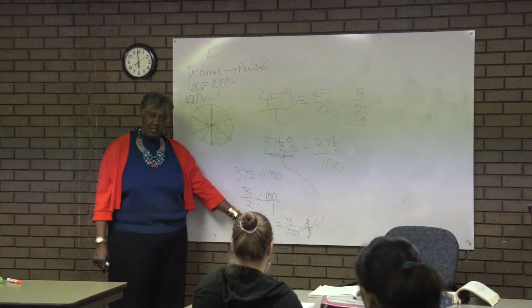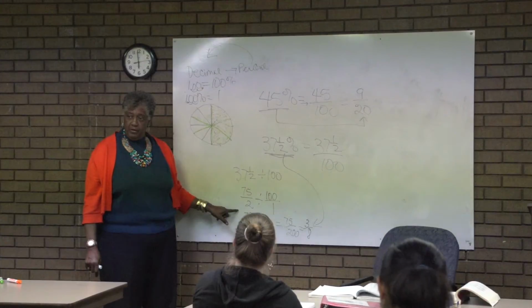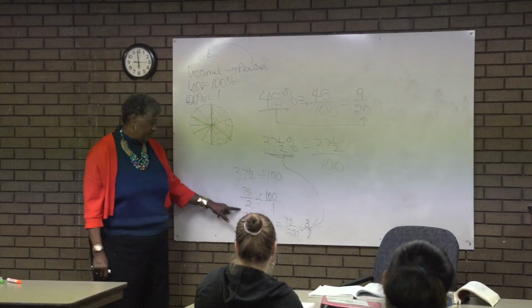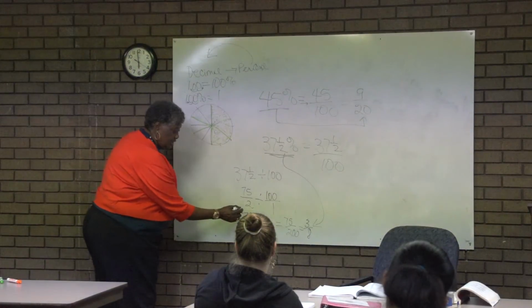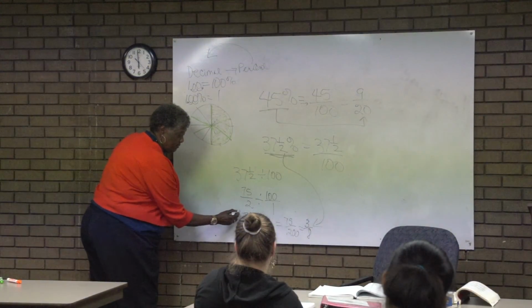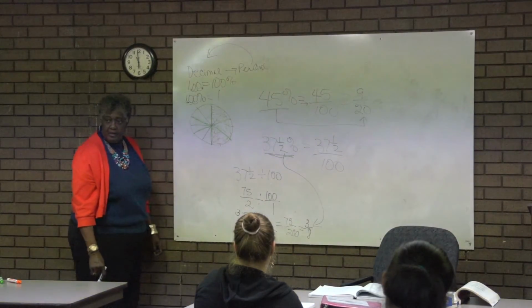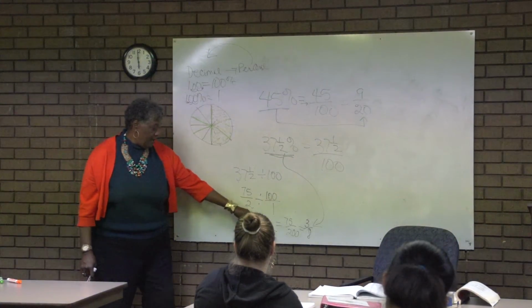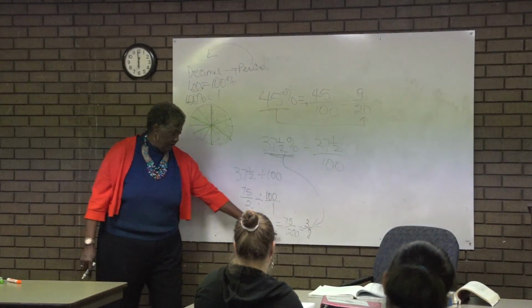Flip the second fraction upside down. Back here you could have canceled if you know how to do that. I could have said 25 goes in here 3 times, 25 goes in here 4 times. Then when I multiplied top times top, I would have gotten my 3 already, and bottom times bottom, I would have gotten my 8.